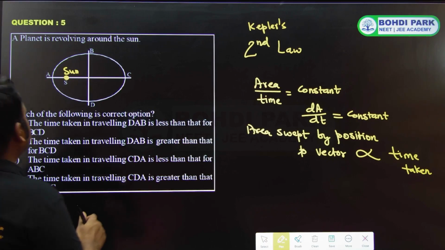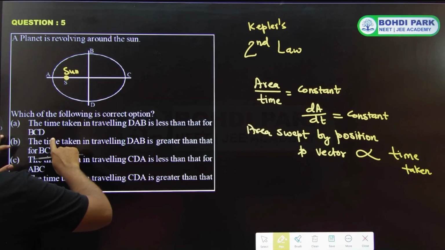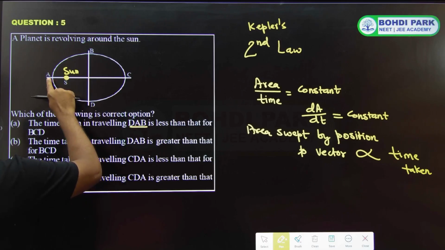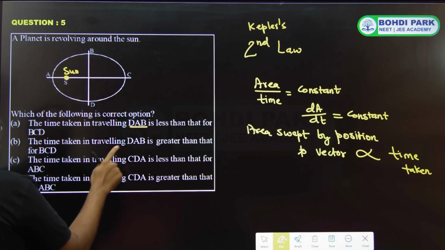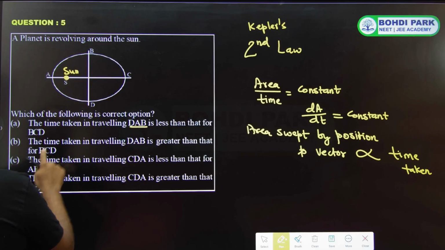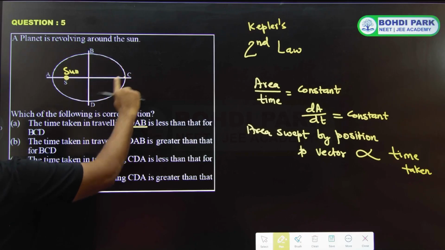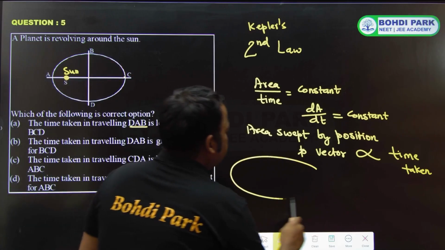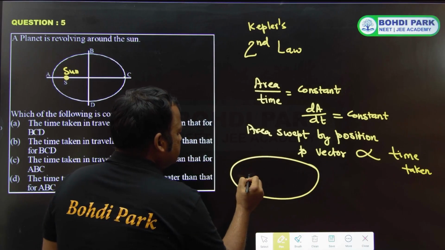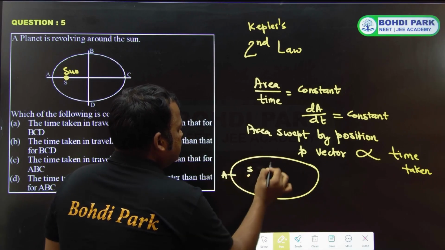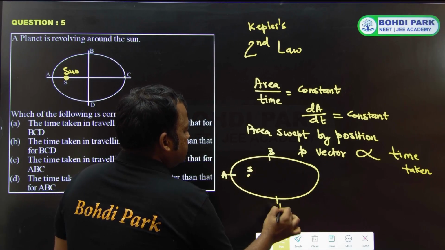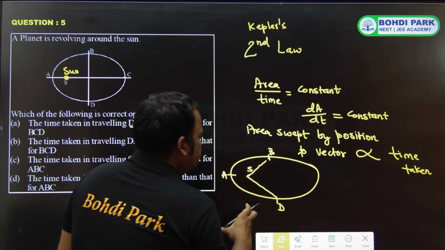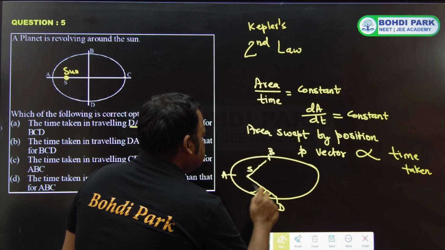So if we consider DAB and BCD. So for DAB, here is the sun and this is A, this is B and this is D. So for DAB, this will be the area covered.